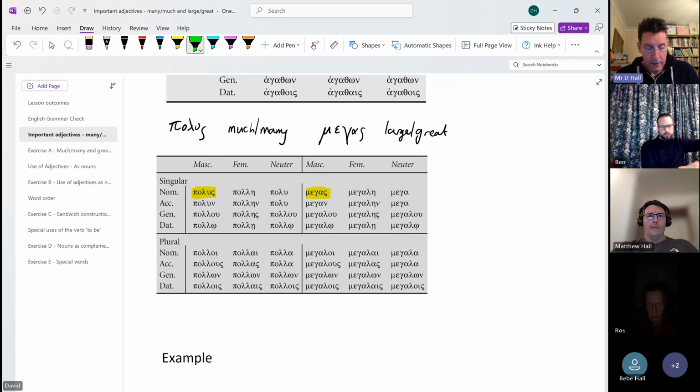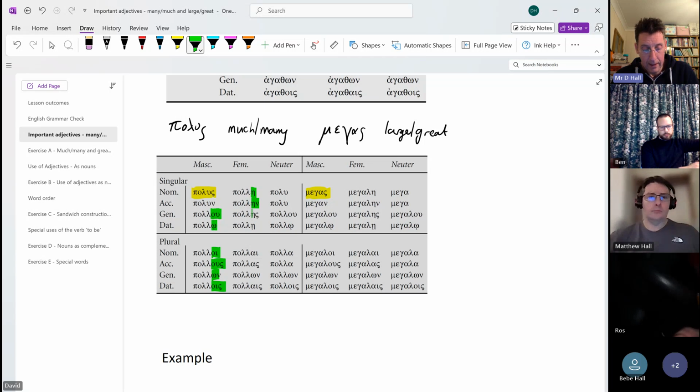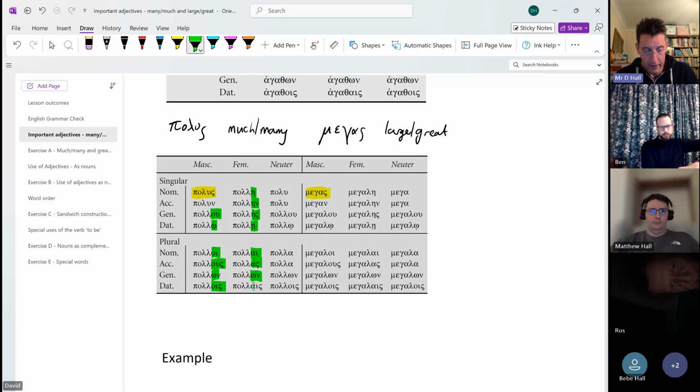You'll notice that if you identify some of the key endings, this is the way to think about it. So if we look at the endings here, we've got ou and oi, ous, on, ois. And if we look at the feminine endings, e, a, en, es, ai, as, on, and as.